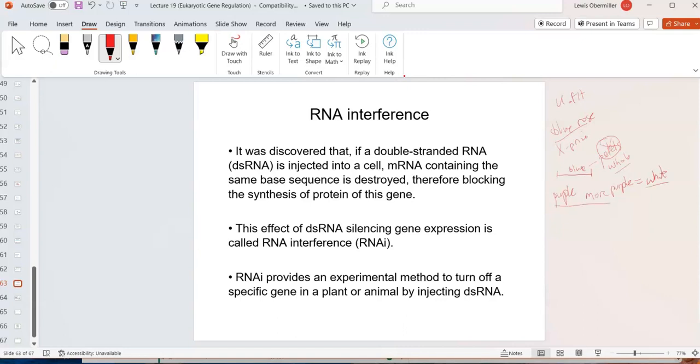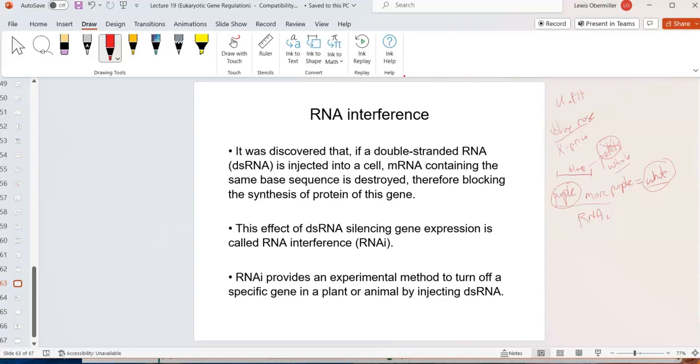This is similar to Mendel's thing. The default pathway is white. If you have a gene that makes a pigment, then that pigment is positive, so the flowers are purple. Anyway, this is how RNA interference was discovered, and we call it RNAi.